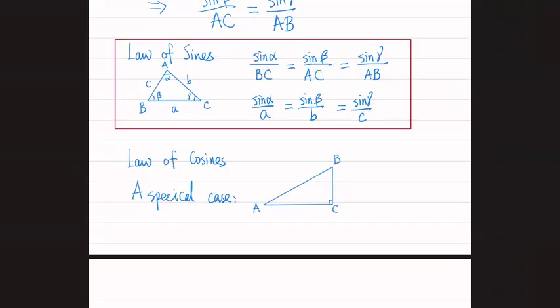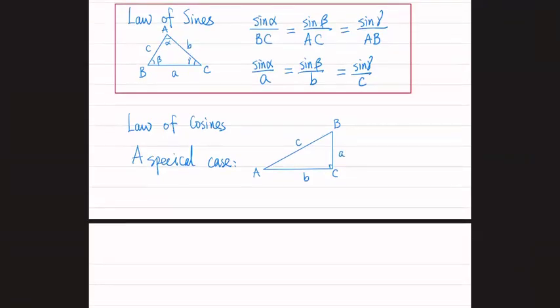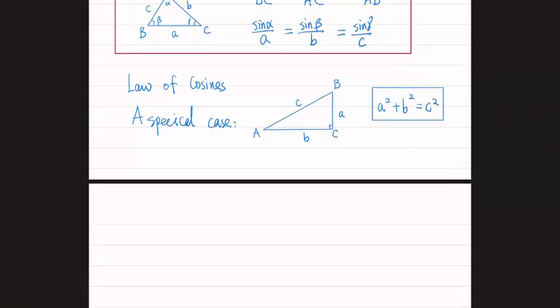Again, I will use the lowercase letters for the edges. This will be c, this will be b, and a. It's the Pythagorean theorem: a squared plus b squared equals c squared. Okay, we know this very well. This is true for right triangles. Now, if we have a triangle that has no right angle, what do we have?